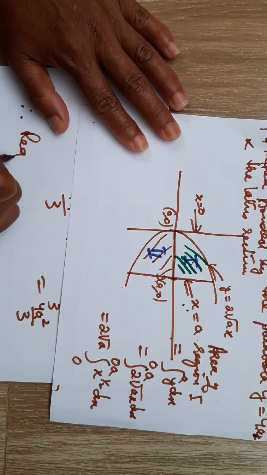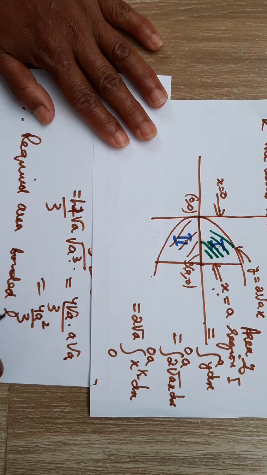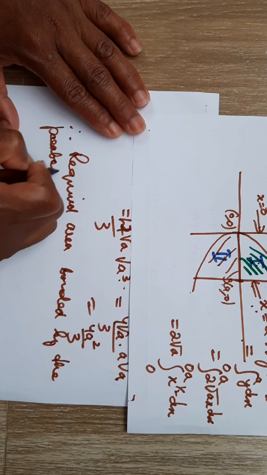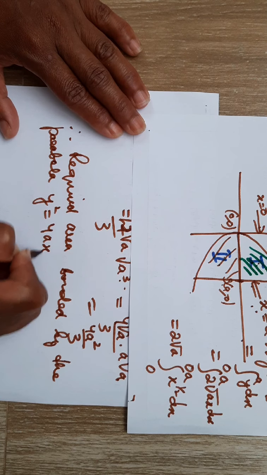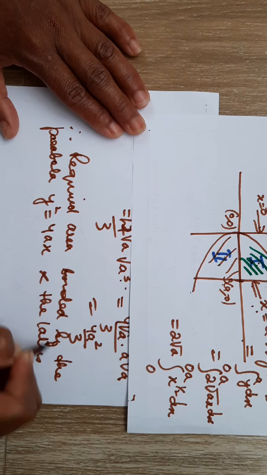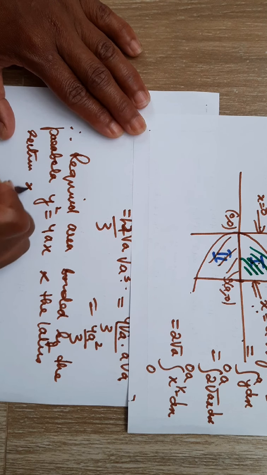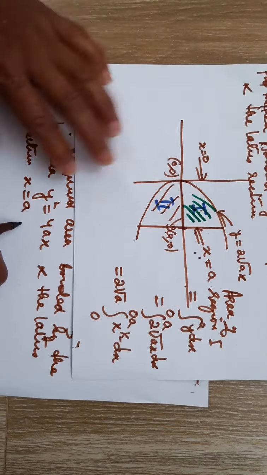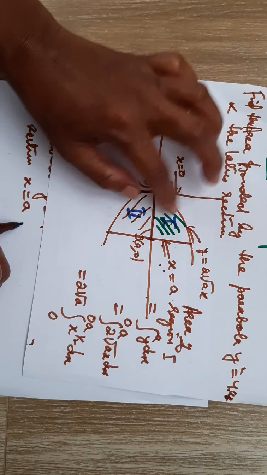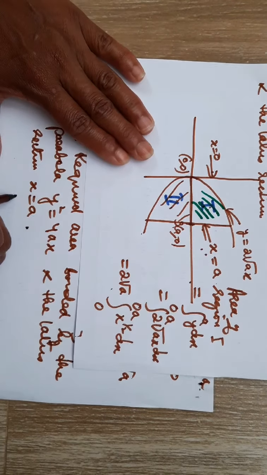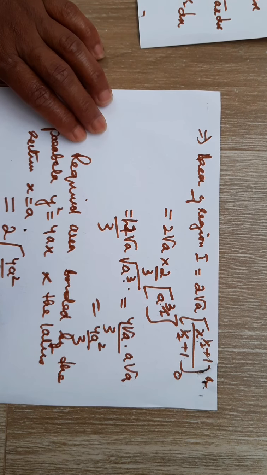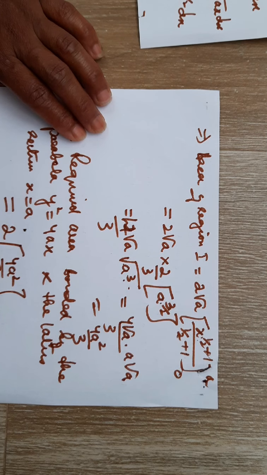The required area bounded by the parabola y square is equal to 4ax and the latus rectum x is equal to a means this whole area, region 1 and region 2. Since region 2 is the same as region 1, the total area will be 2 times 4a square by 3, which becomes 8a square by 3.